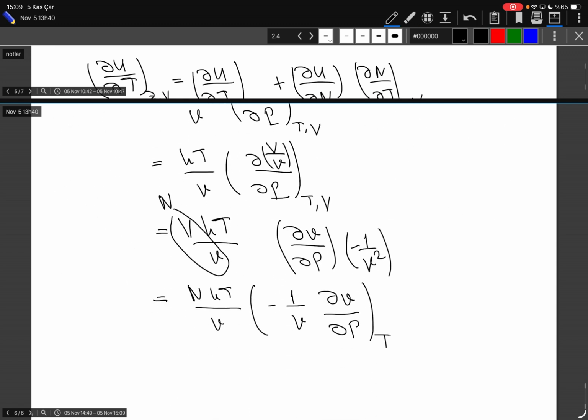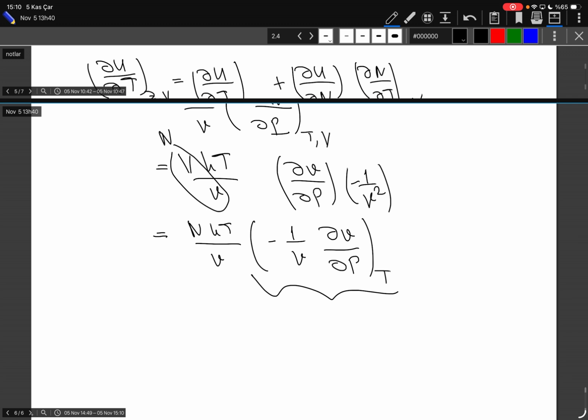So that is why here I no longer have constant capital V, because volume per particle depends on the temperature and pressure, not on the overall volume. So that's why here I have only the T. But that derivative is actually nothing but the compressibility of the system at constant temperature.